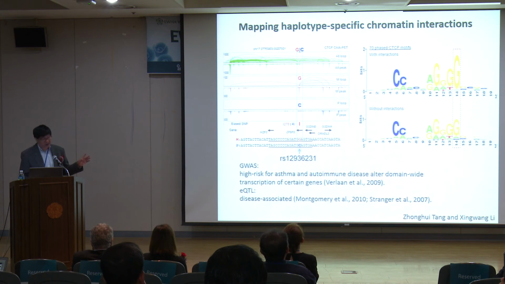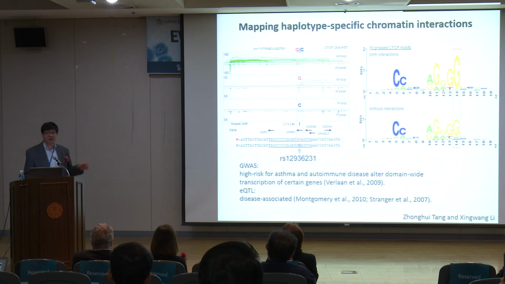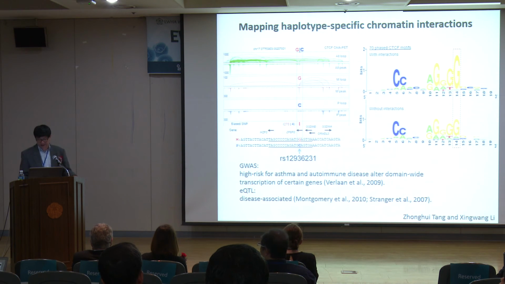In this particular example, we found that, in fact, it is a high-risk GWAS locus that has been identified as associated with asthma and also several autoimmune diseases.